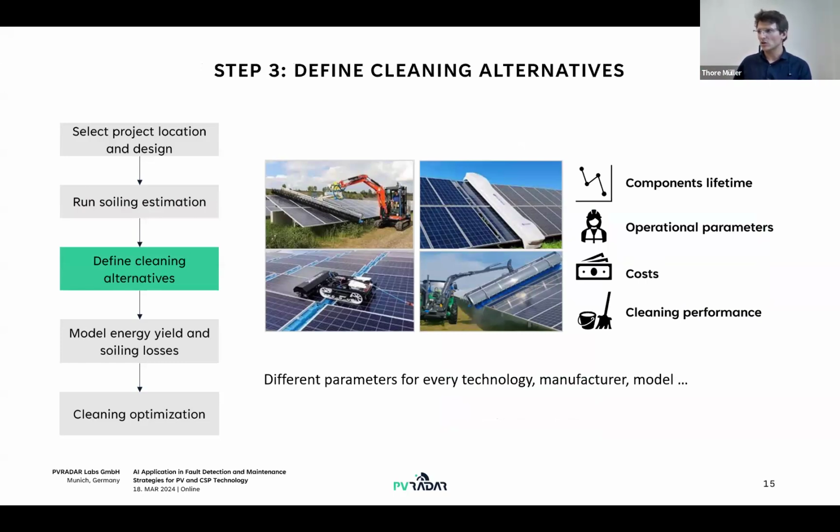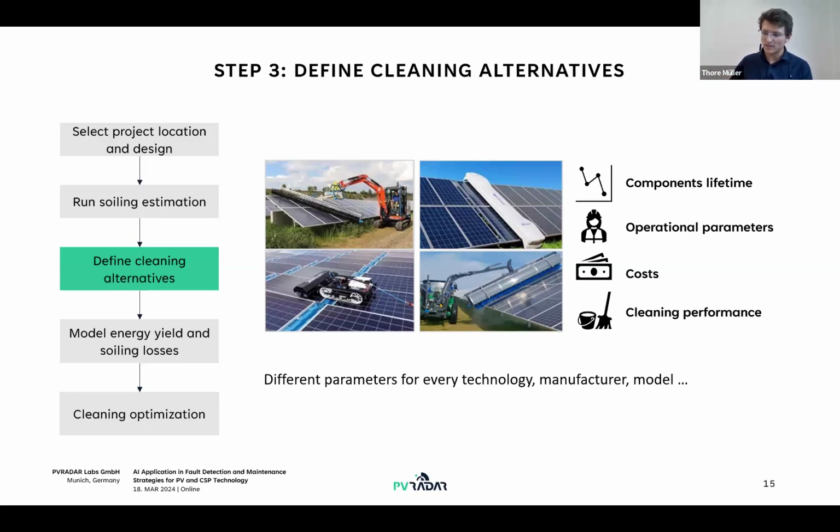And all of these systems are described with their lifetime, the lifetime of different components. Of course, if you clean more, then your brush will be worn out sooner, and then you have to replace the brush. All of these costs, all of these implications are considered in our software. You need to have the cost, the operational parameters, and of course the cleaning performance, most importantly, the cleaning efficiency.